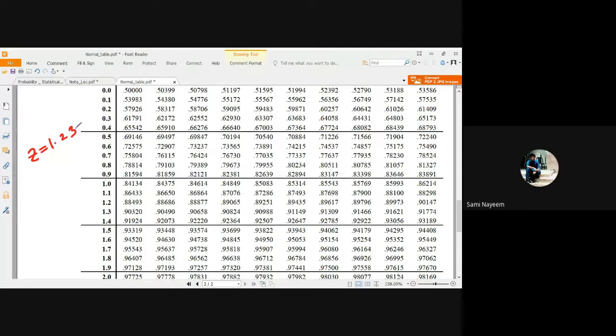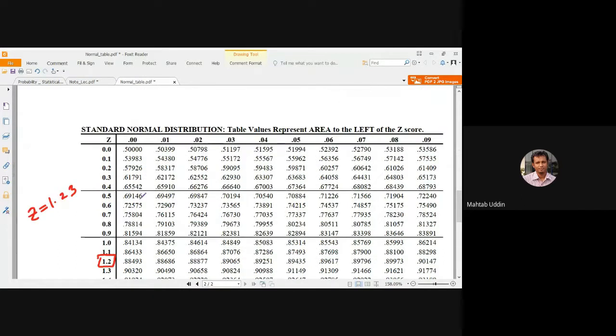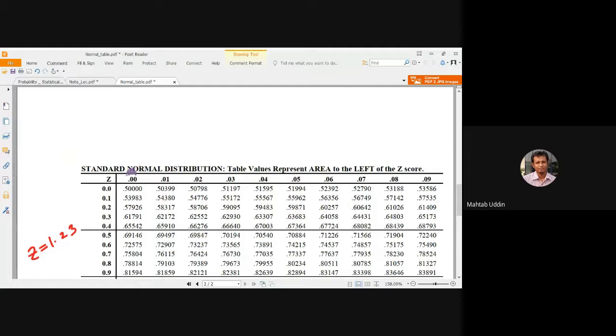1.23. You can see here 1.2. But where is 3? 0.03. You can see here, this considers 0.00, 0.01, 0.02, 0.03.